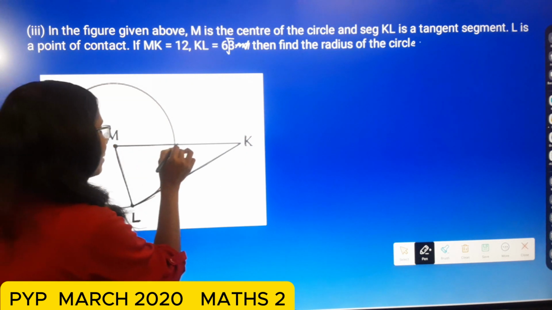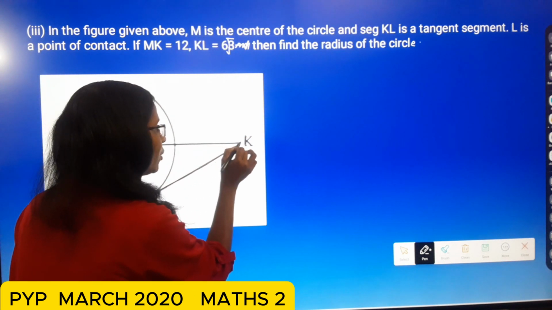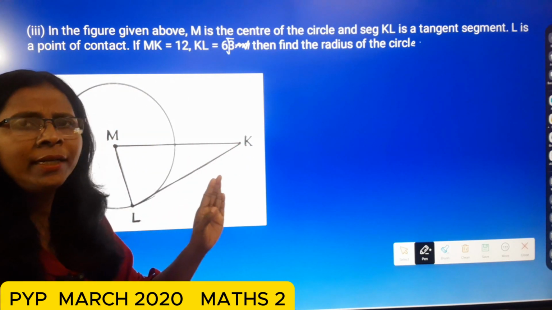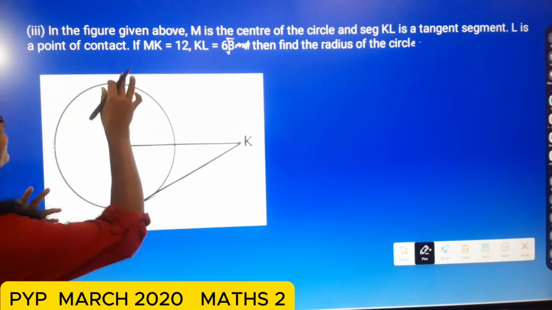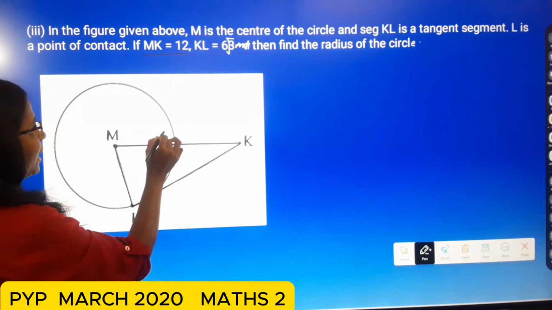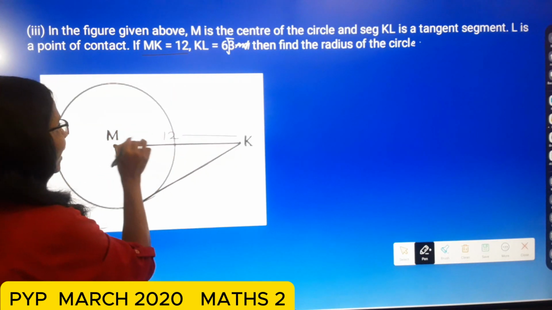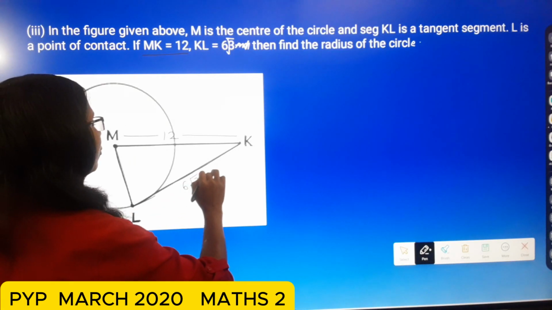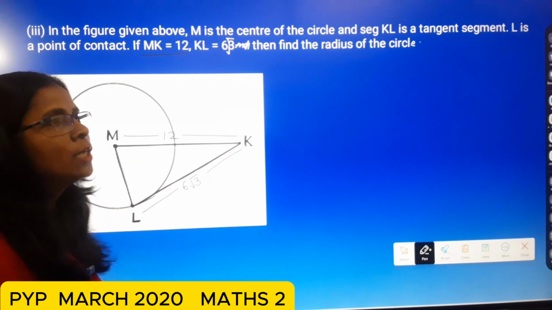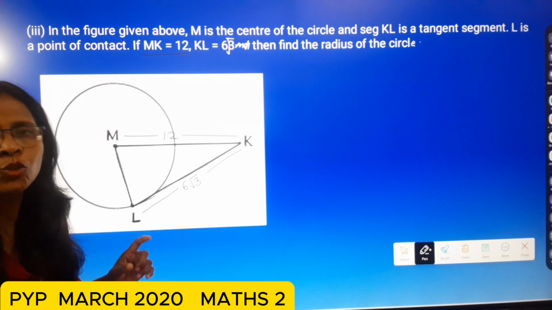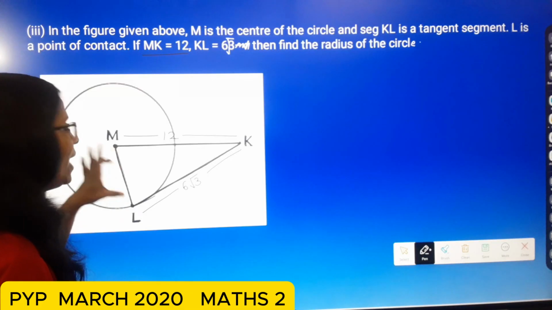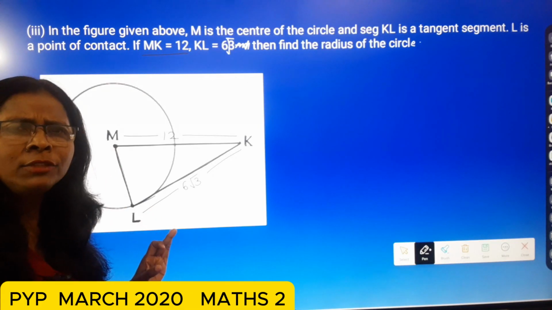There is a line segment from the center of the circle to the end point of the tangent. The given is that MK is equal to 12, and here KL is equal to 6 root 3. So now here students, we have to find the radius of the circle. That means we have to find ML.